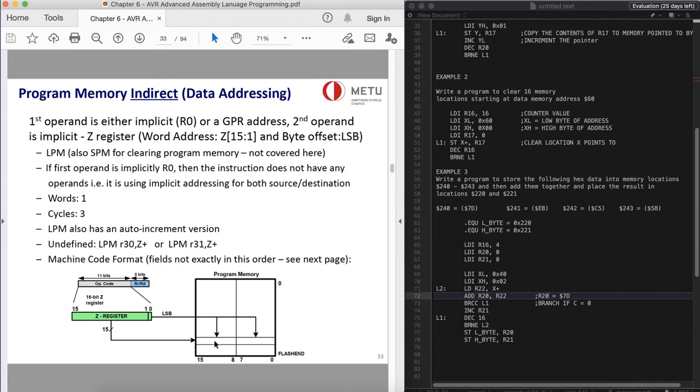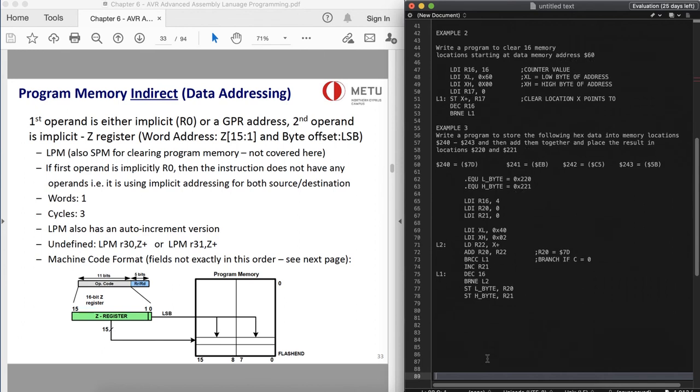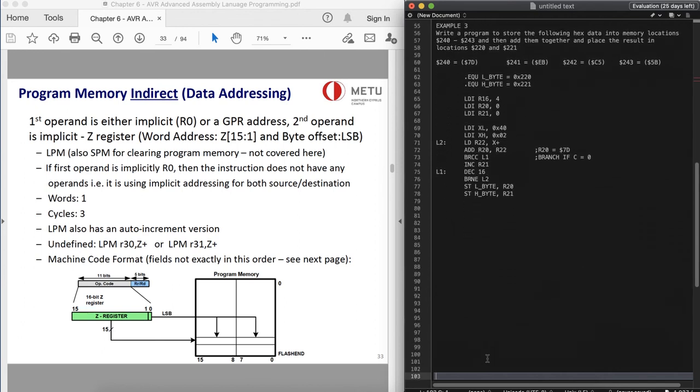I don't know if I can fit it over here. Maybe we can do it on here. Now, the low bytes, let's say low, and we have the high bytes.